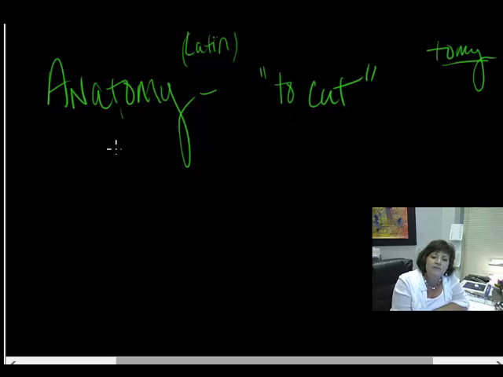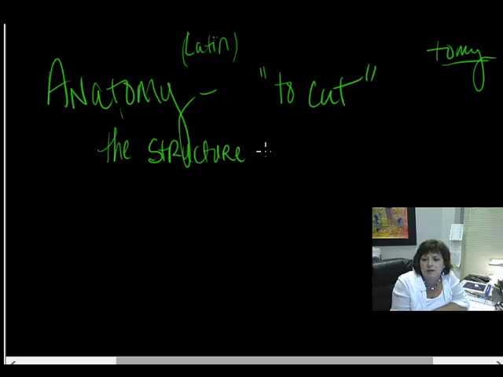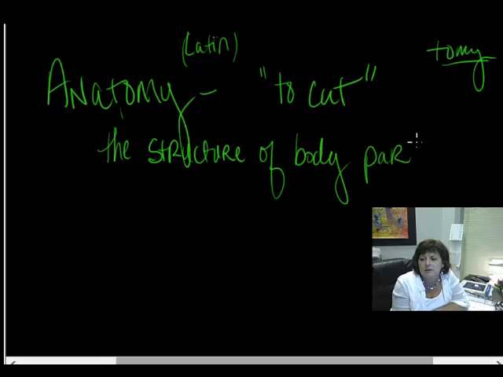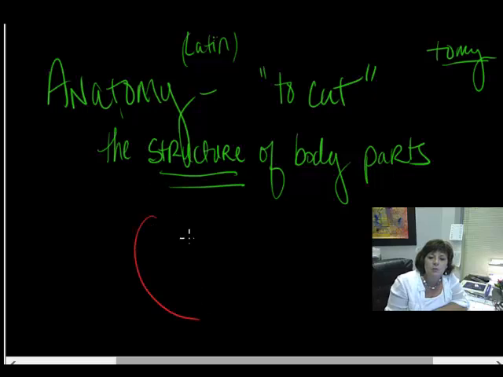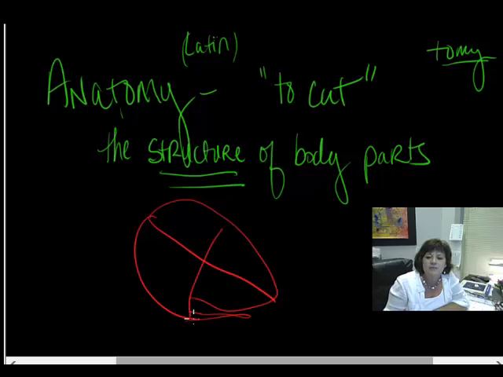But anatomy refers to the structure of body parts. The structure of body parts. How are we put together? So when we look at the heart, and we will look in depth at the heart, if we're looking at the anatomy of the heart, we're looking at the 4 chambers.